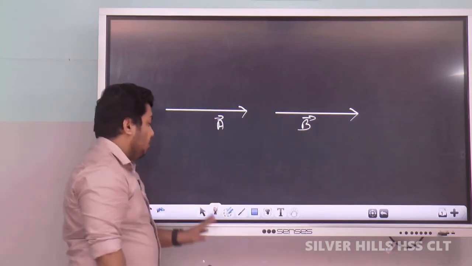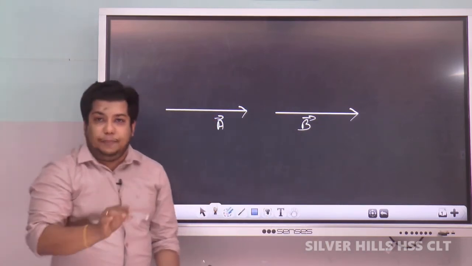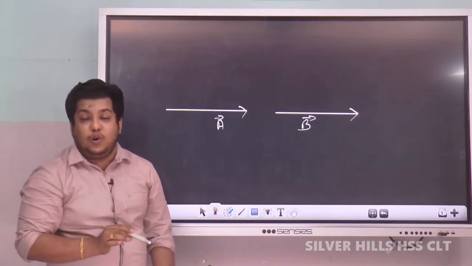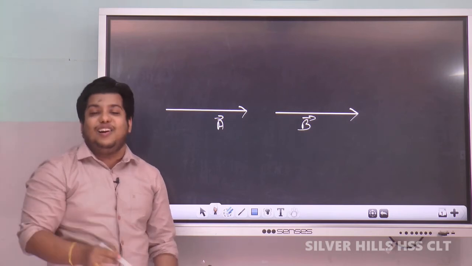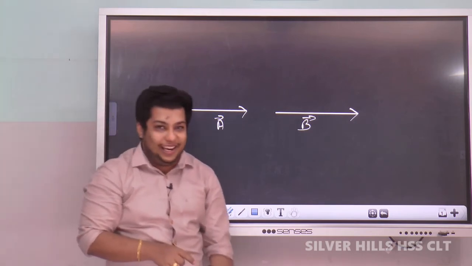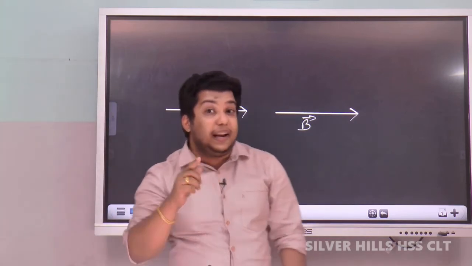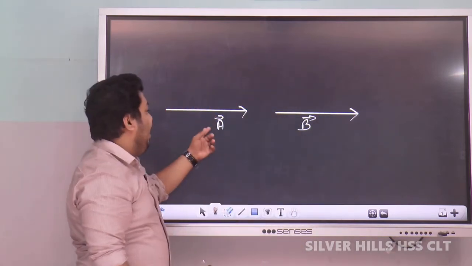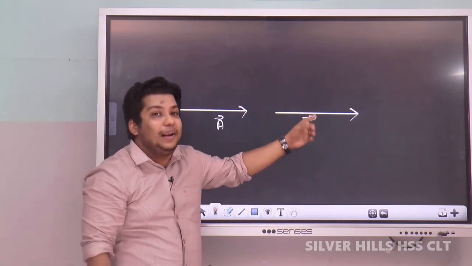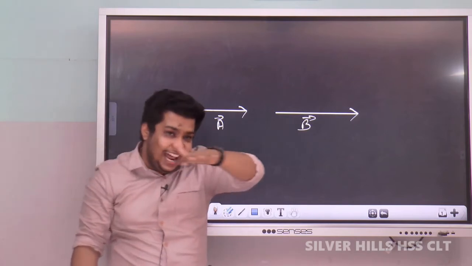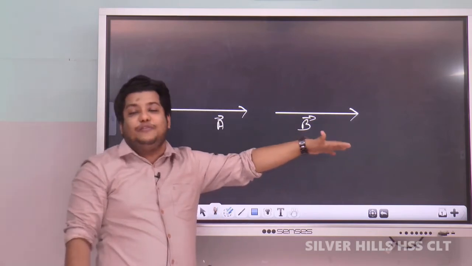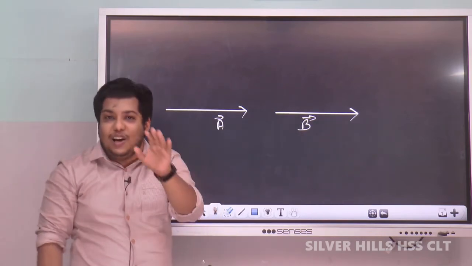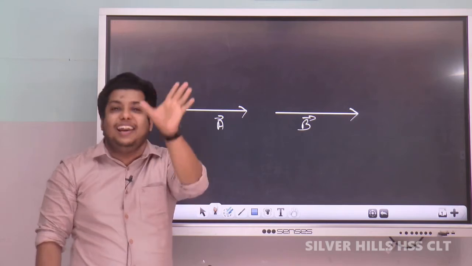The fifth type of vector is called collinear vectors. Collinear vectors are those vectors which can be represented on a single line. This vector A and vector B can be represented in a single line. Therefore, such kind of vectors are technically called collinear vectors.